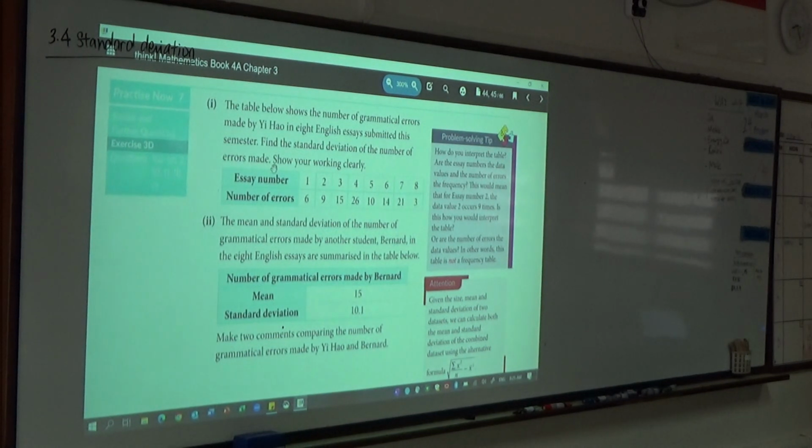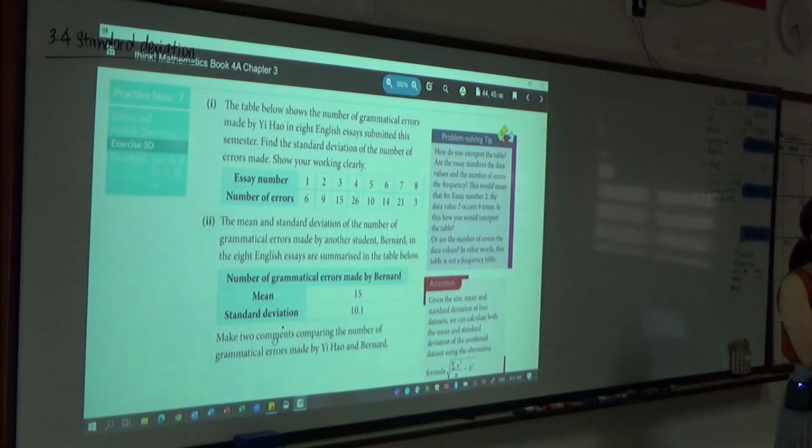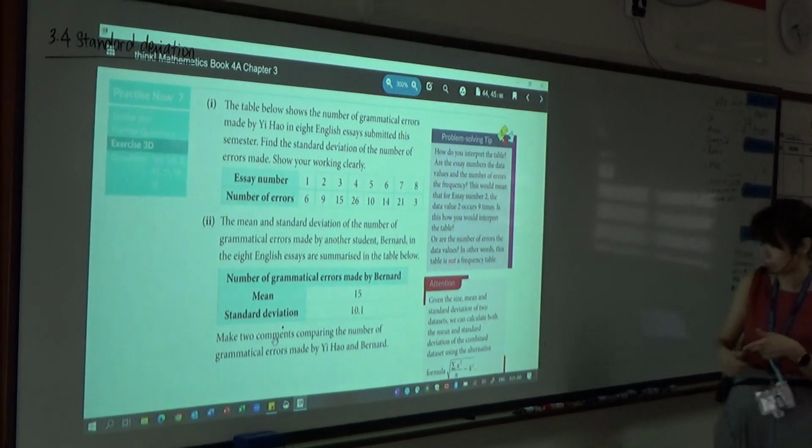Although in part I, they didn't ask you to find the mean value, we definitely need the mean value in order for us to draw the conclusion or make the comment. Because as always, whenever we need to make any comment, we compare in terms of the mean, that means in terms of average, and then we also compare in terms of the standard deviation, in other words, in terms of the spread itself.